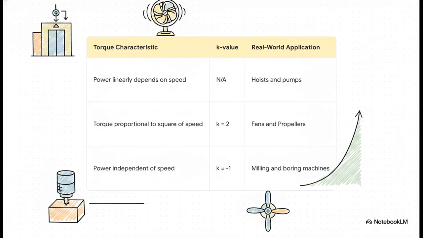Why? Because aerodynamic drag increases exponentially. Pushing a little bit of air slowly is super easy, but pushing a massive volume of air really fast requires a nonlinear, massive jump in torque. On the flip side, a hoist lifting an elevator acts way more linearly, and a heavy milling machine requires power that is completely independent of its speed. So understanding the load's unique physical resistance is step 1.